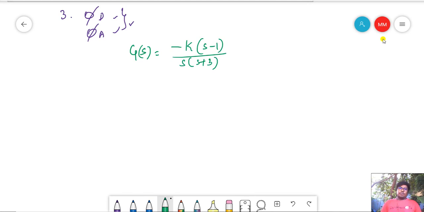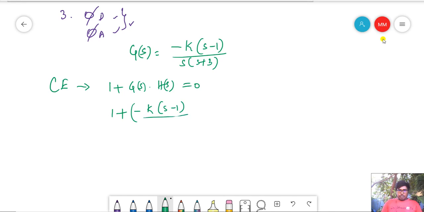For this we need to find the characteristic equation, which is 1 plus g of s into h of s is equal to 0. So 1 plus g of s, I am writing here, 1 minus k into s minus 1 divided by s into s plus 3 is equal to 0.